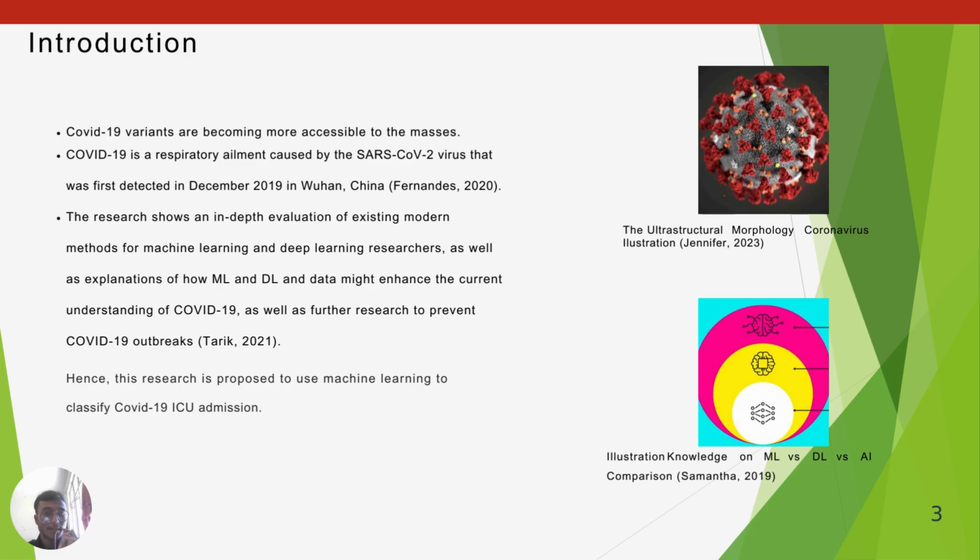From the right side of the image, you can see the structure and morphology of the coronavirus, an illustration from Jennifer, which is the closest range of how the variants look. As we know, COVID-19 is a respiratory ailment caused by the SARS-CoV-2 virus that was first detected in the Wuhan region of Hubei, China.